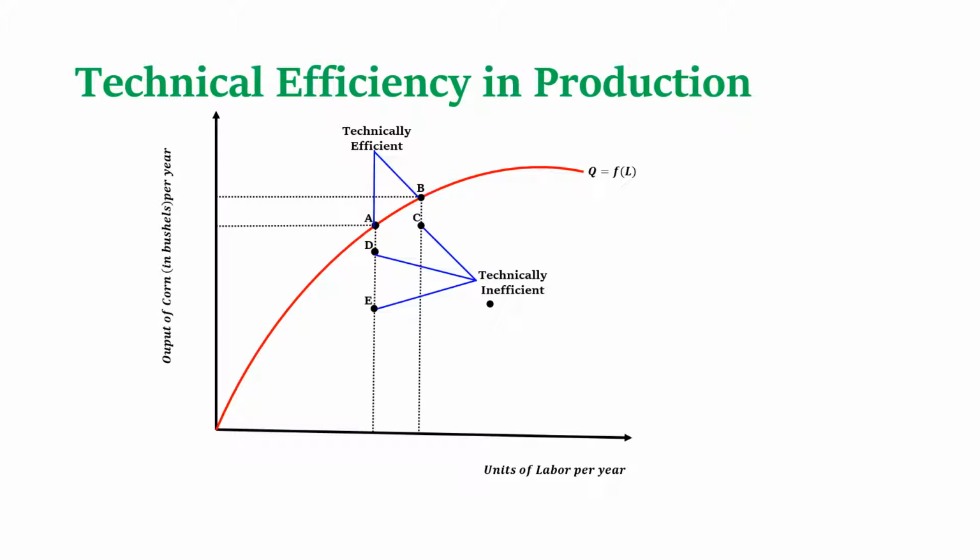In other words, maybe because of some other factors, you have a lot of resources lying idle, so the farm is not able to use these resources efficiently to produce the given level of output, that is, the output that it is capable of producing.